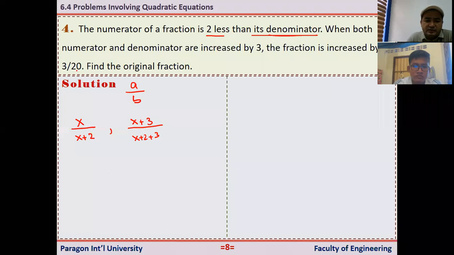By how much? By 3 over 20, right? Because the fraction is increased by this. That means that since it is 3 over 20 greater, the difference, x plus 3 over x plus 5 minus x over x plus 2, is equal to 3 over 20.